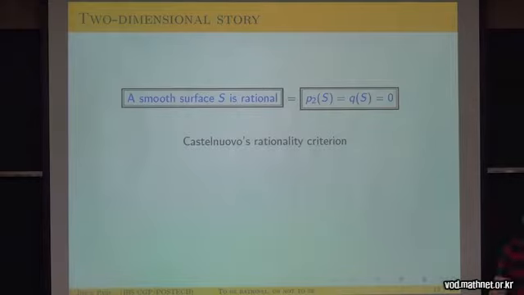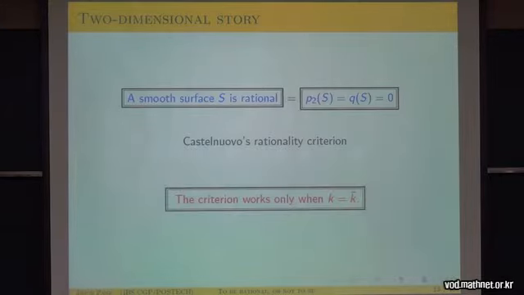This criterion is called the Castelnuovo rationality criterion. It's about 100 years old. But this criterion works only when the field is algebraically closed. If not, then it's not true. You need the algebraic closedness.